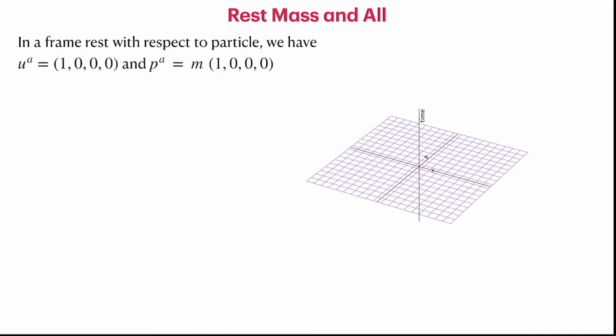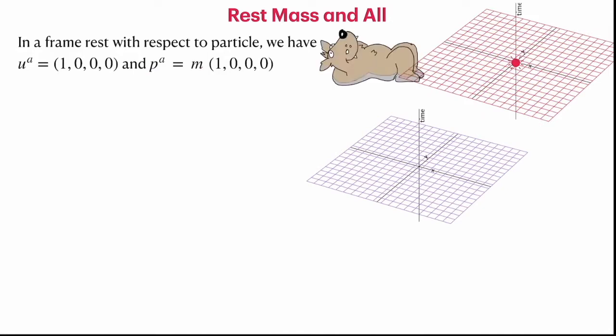Let's look at the concept of a rest mass. In a frame at rest with respect to the particle, we have four-velocity U^A as (1, 0, 0, 0), and for momentum the contravariant component is just mass into velocity, and you have P^A equal to m times (1, 0, 0, 0), which means that you have a particle at rest in your frame, or you are sticking a frame to the particle, and that frame would be at rest with respect to the particle.